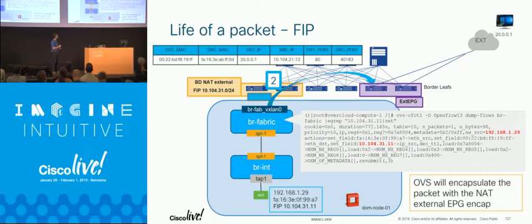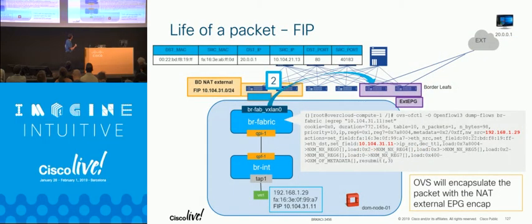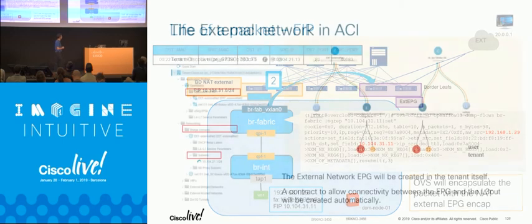So it knows exactly what to do, and it basically encapsulates the packet in the right external network, so it's already the NAT EPG, the one where you're running the floating IP subnet. And it's obviously using the same destination IP, but the source IP now is, I think I copy-pasted wrongly, probably, the source IP from the OVS rule, or the floating IP assigned to that virtual machine, right?